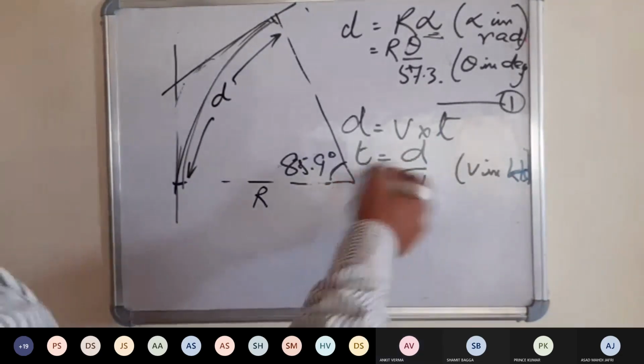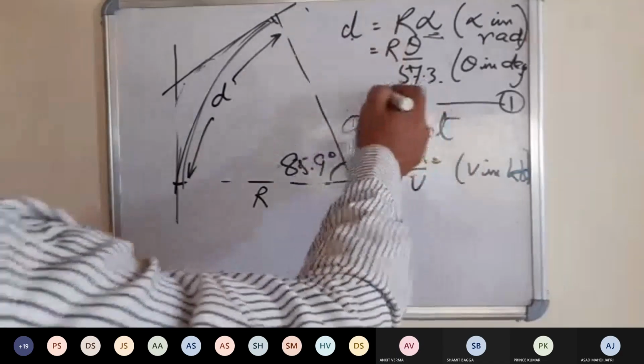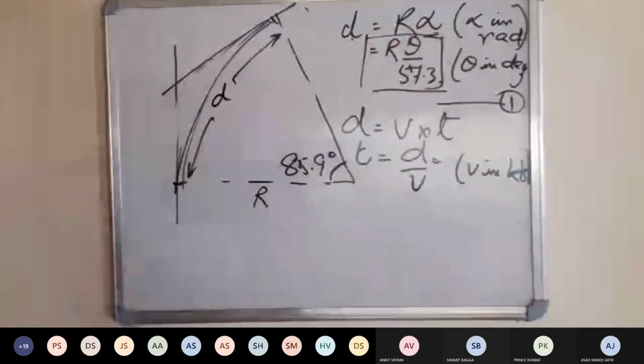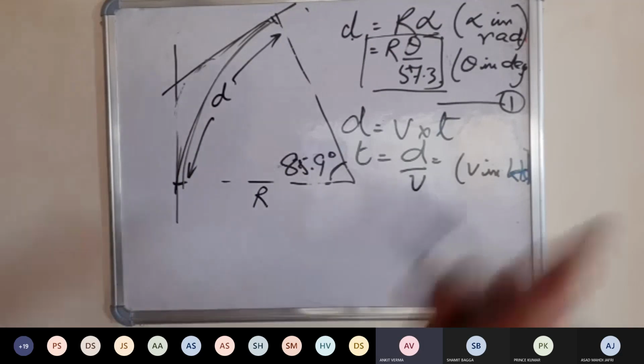All right. So taking it forward, d की वैल्यू अगर हम यहाँ पे डाल दें, d की वैल्यू क्या है? R theta by 57.3.